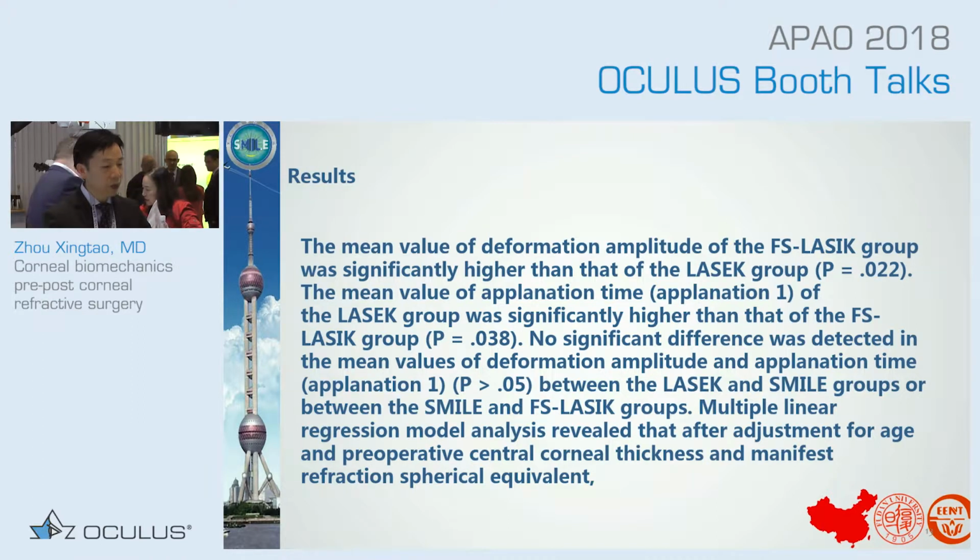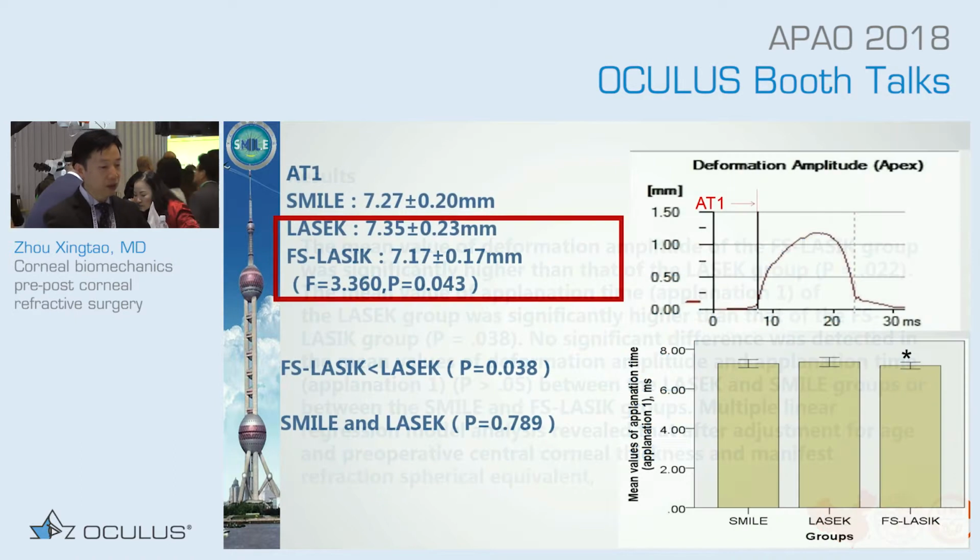A1 of the LASIK group was significantly higher than that of the femtosecond LASIK group, and no significant difference was detected in the mean value of A1 between LASIK and the SMILE group, or between SMILE and femtosecond LASIK. The multiple linear regression model analysis revealed that after adjustment for age, preoperative central corneal thickness, and preoperative spherical equivalent, the results were as follows.